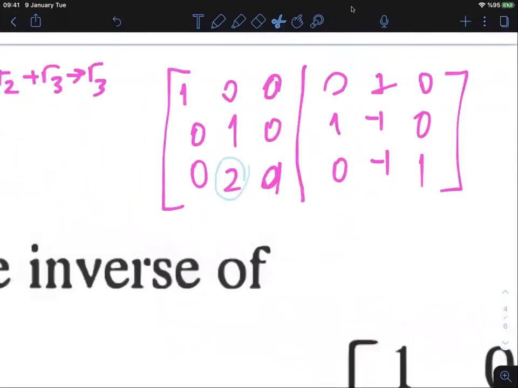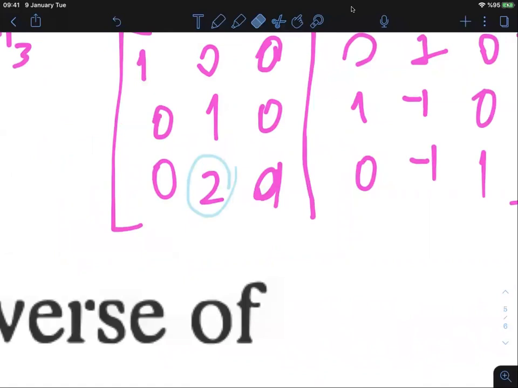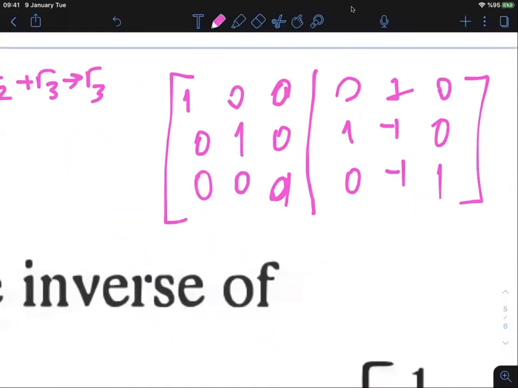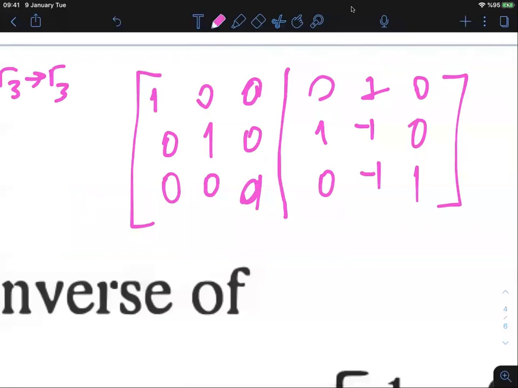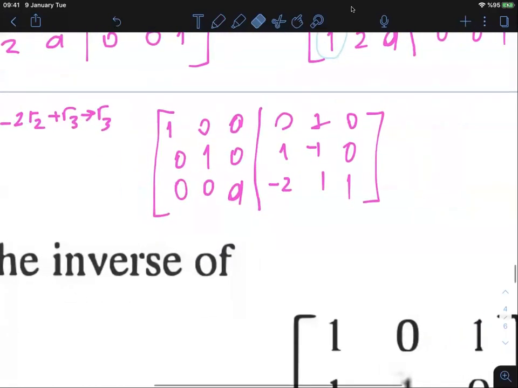So this entry will become 0, right? Good. What about here? This will become minus 2, and I multiply minus 1 by minus 2, so it will be 2. 2 minus 1 is 1. So I get this.